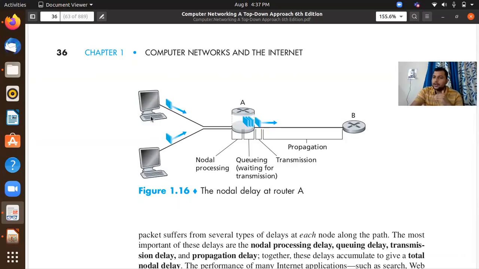Obviously it is not going to push bits, it converts those bits into signals. So signals would be pushed over the wire. The modem will do that part. Digital to analog conversion will take place, and then electromagnetic signals would be put over the wire.